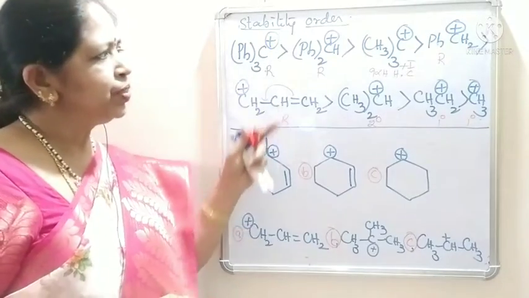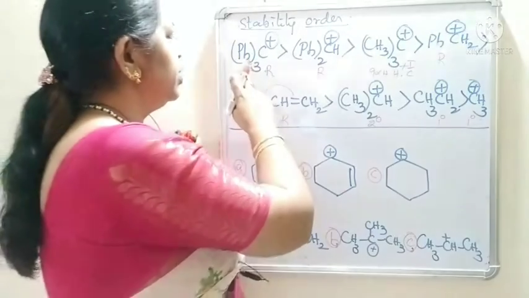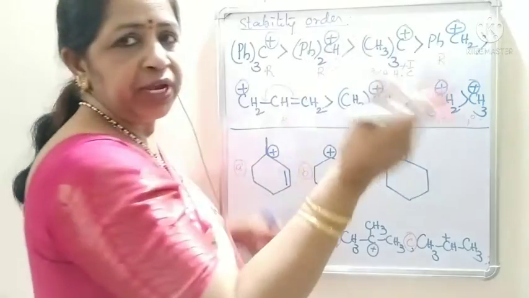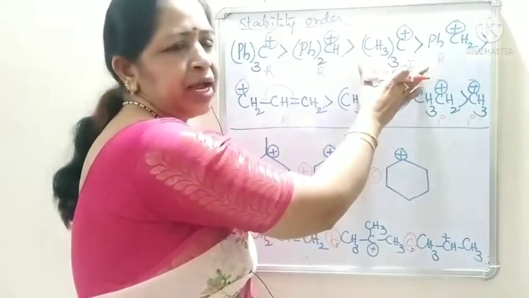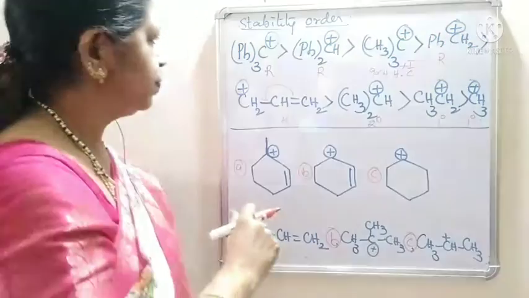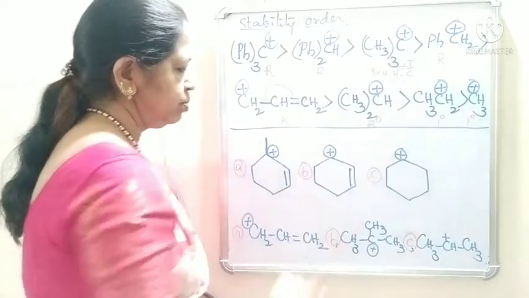Okay students, here what we have to remember is it is triphenyl, this is diphenyl, and benzyl carbonium ion is coming after trimethyl carbonium ion. This point you have to remember. And then allyl, secondary carbonium ion, primary and primary.